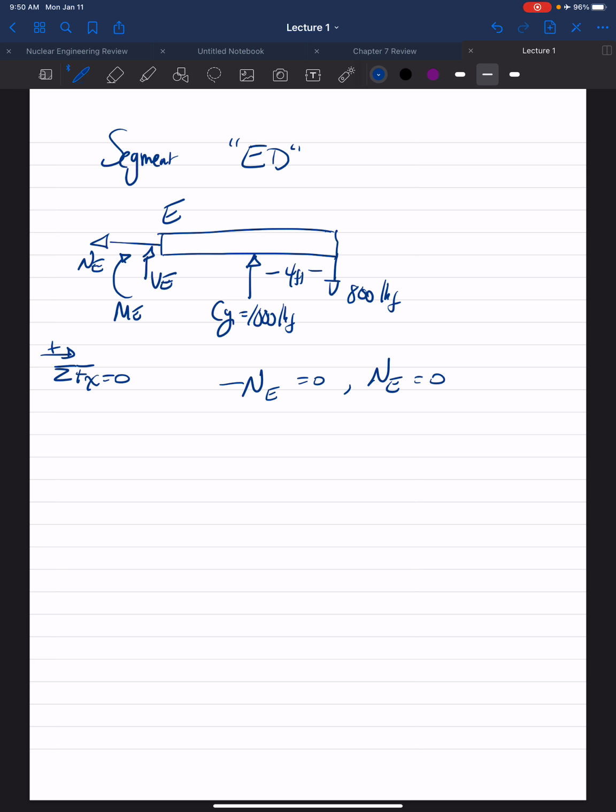For our y component, sum of our forces in the y direction equal to 0. We have our VE plus our 1,000-pound force minus our 800-pound force.